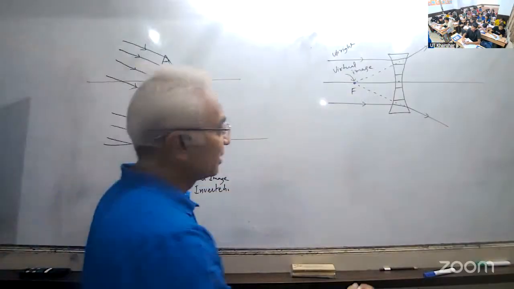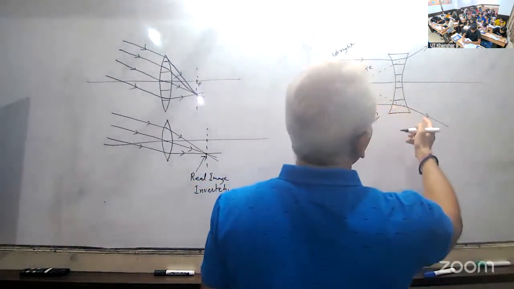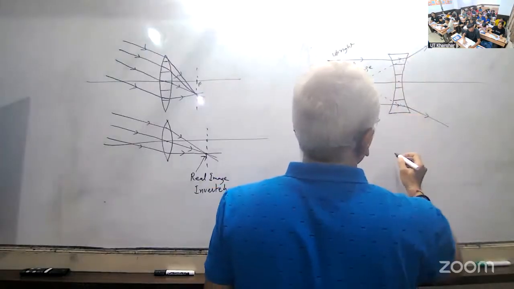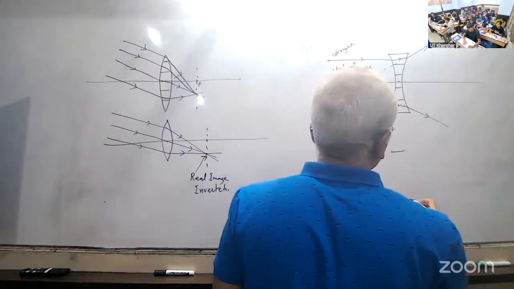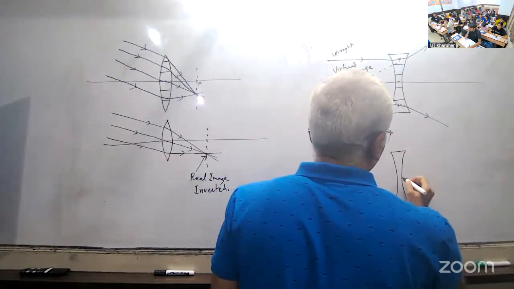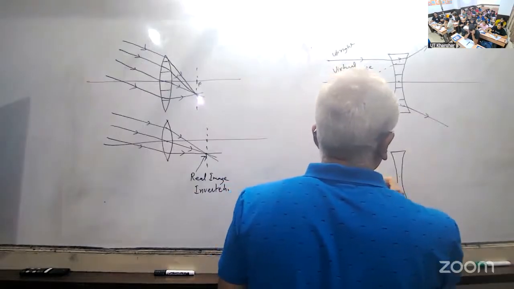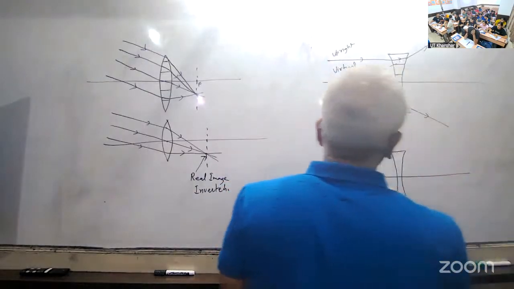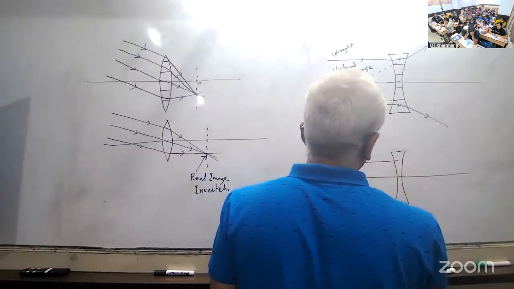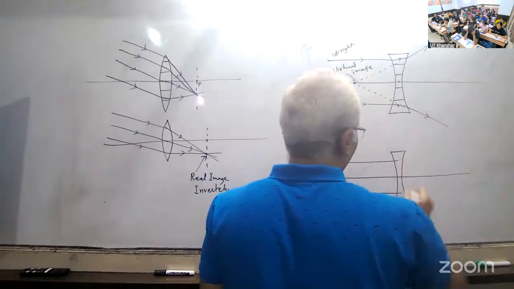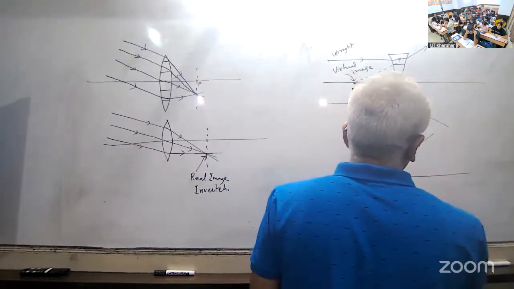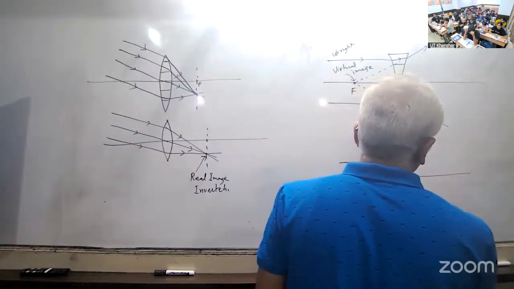But while drawing the ray diagram, you won't show the bending twice. You take the rays to the middle of the lens and then show it once. Bending is shown only once on the middle of the lens.